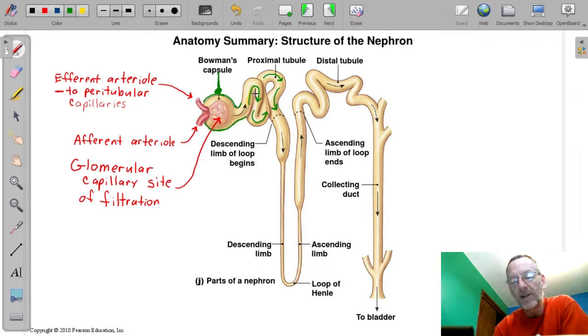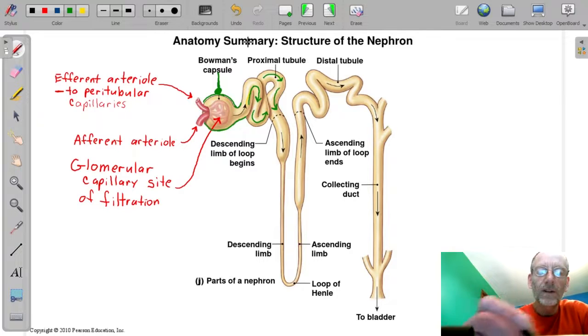And the tube is convoluted and tortuous, so it's referred to as the proximal tubule, but I sort of prefer referring to it as the proximal convoluted tubule, convoluted for twisted, and that abbreviates nicely to the PCT.